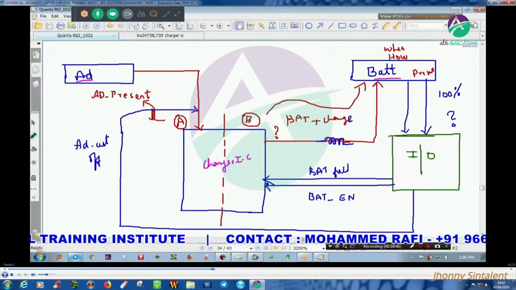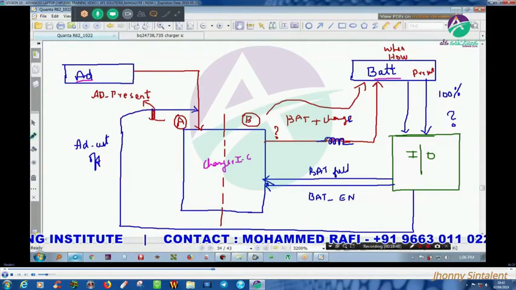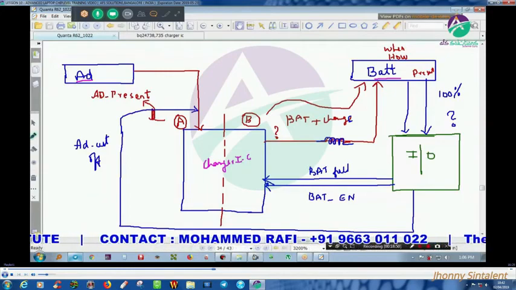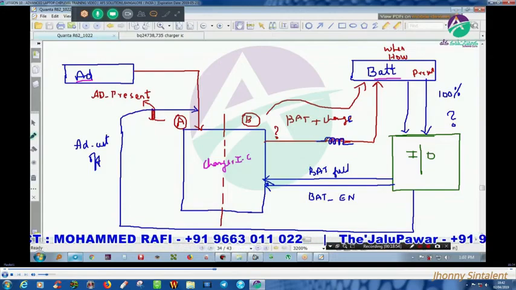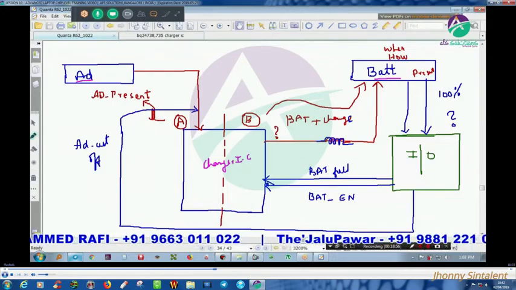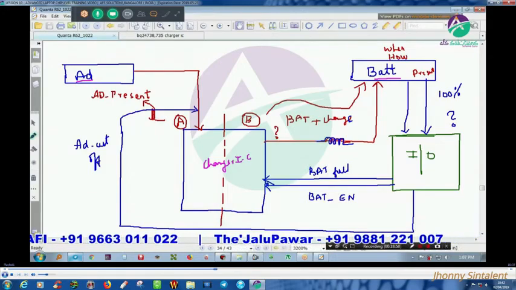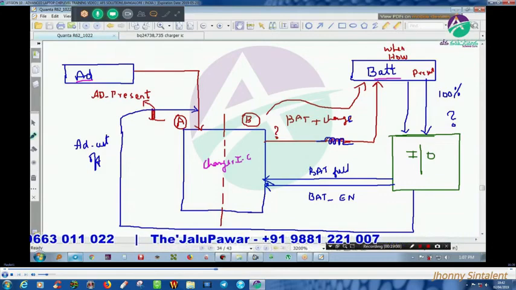So the battery charging information is going to the IO controller. Once this reaches 100%, the IO controller will give an adapter cutoff information so that the adapter present will not come here. If adapter is not present, this charger IC should not charge the battery. So this will give information to the charger IC also, telling that this much percentage the battery is charging.